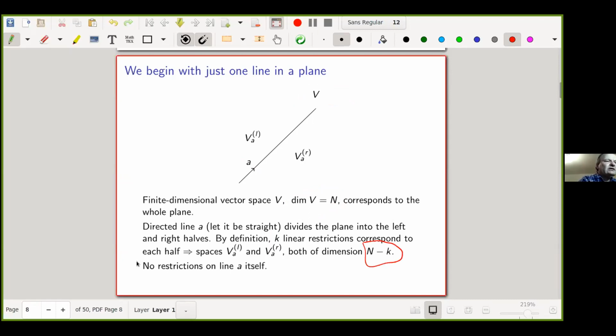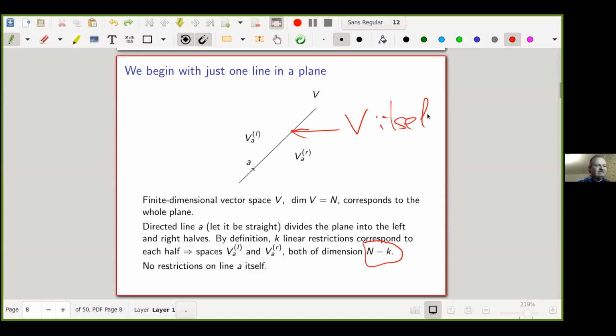And on the line is by definition V itself. So that's all about this strange picture.